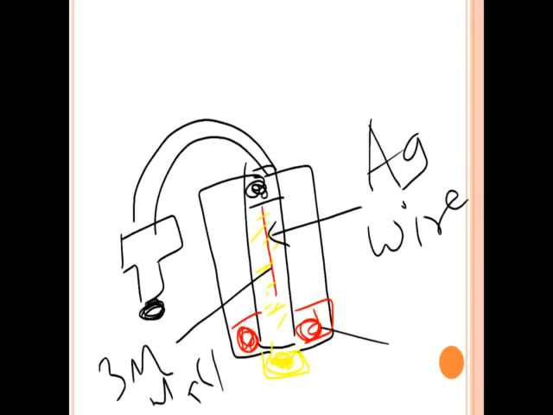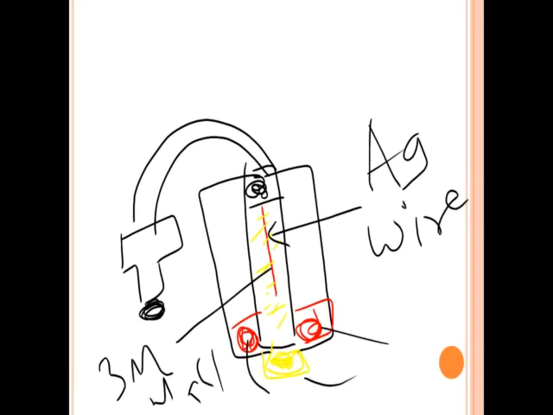Then this red color here and here, it is the Teflon tube. It is also called PTFE, polytetrafluoroethylene, which is a heat resistant tube. It is present at this position.